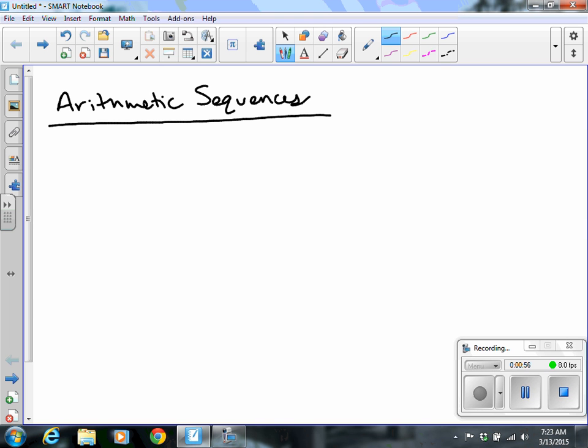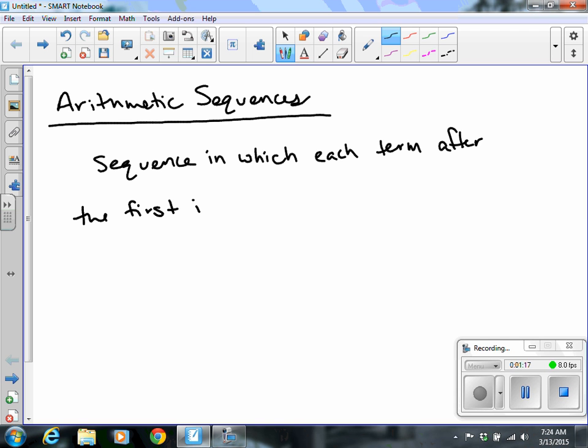So an arithmetic sequence is a sequence in which each term after the first is found by adding. When it says adding, that could really mean subtracting as well.